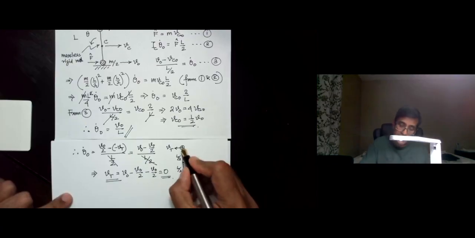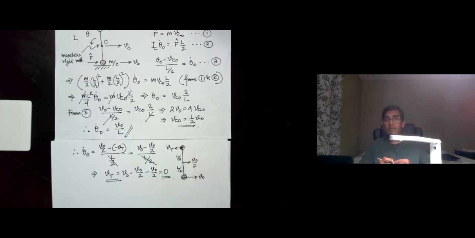So we see that when, instead of a uniform bar, we consider two particles connected by a massless rigid rod, the velocity of the top is equal to 0. It does not feel any effect of the impulse, because the impulse cannot travel through this massless rigid rod. So it sees an initial velocity of 0.